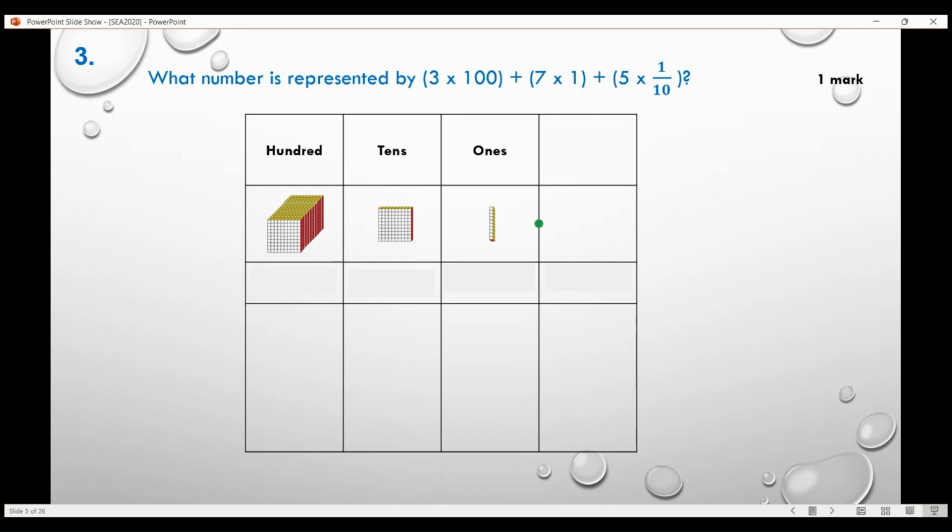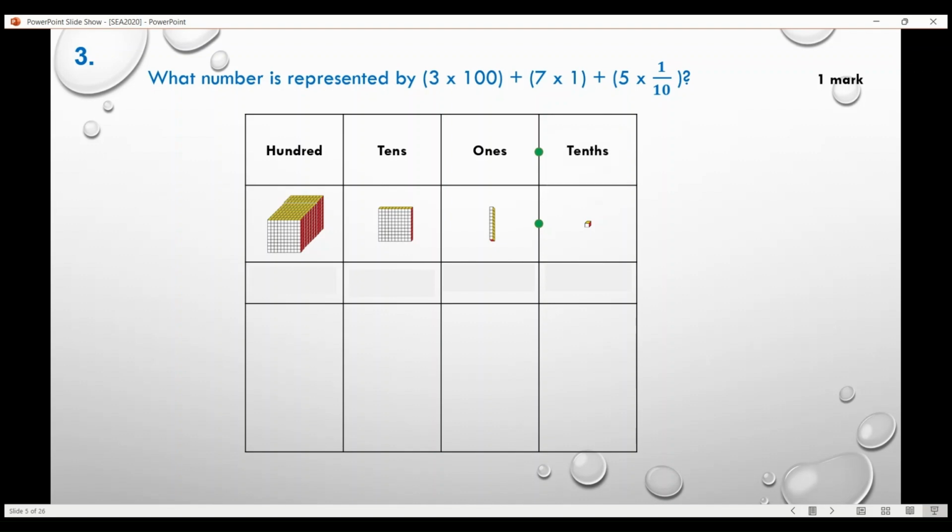That indicates that if we're going to the right, we're getting 10 times smaller and something smaller than ones. So if that rectangle there, it's long and it had 10 little parts in it, and we cut it into tens, then one of these will represent something smaller than ones, 1/10 of it. So we can bring up our decimal point to show the place value up on top as being tenths.